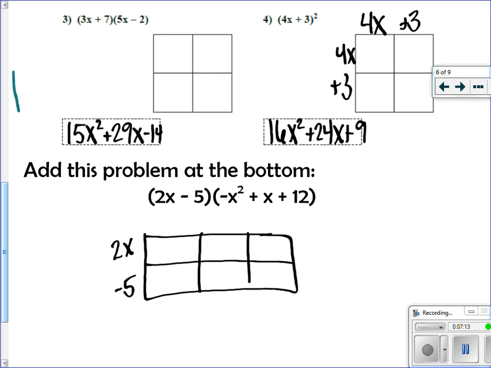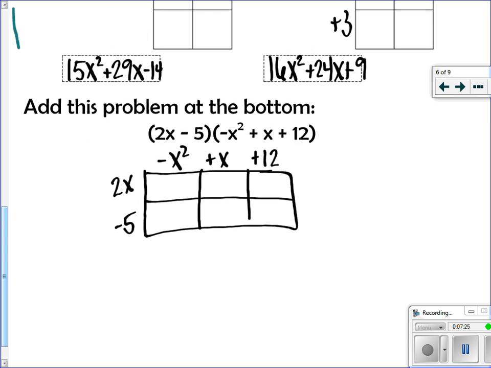So 2x minus 5, of course, negative x squared plus x plus 12. So what's going to be the top left column? Negative 2x cubed, because x squared times x and that's cubed. If we go on the bottom left, that's negative x squared times negative 5. 5x squared is negative times negative 5.